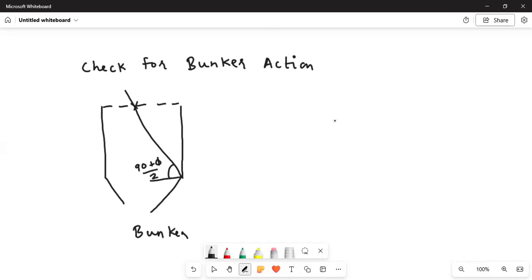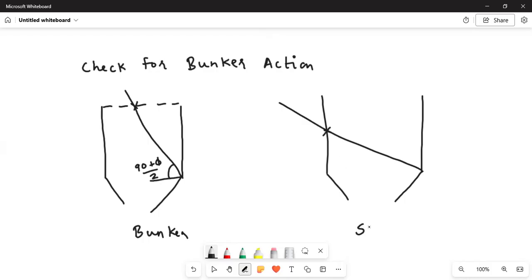That line is intersecting in case of silos. If you draw the angle, that line will intersect the opposite wall. It will not intersect the horizontal surface. It will intersect the opposite wall. So in that case, it will be known as silos.